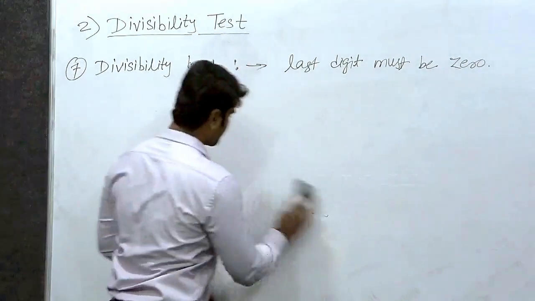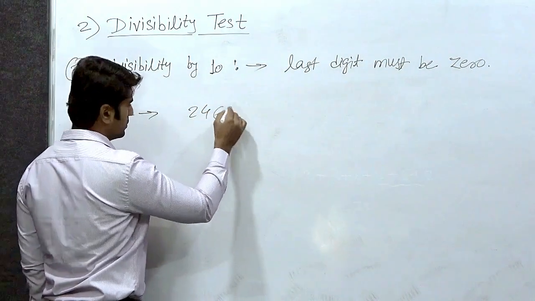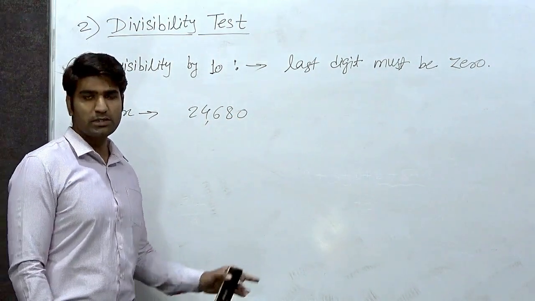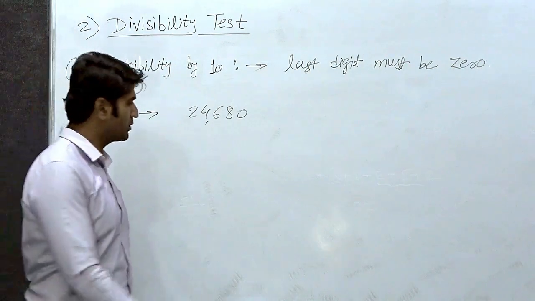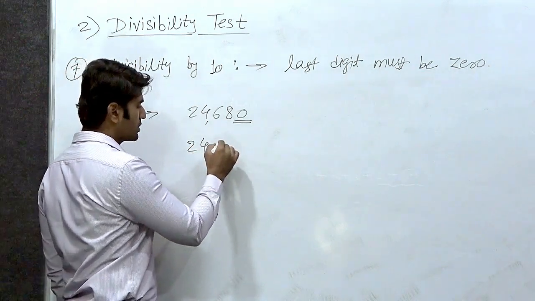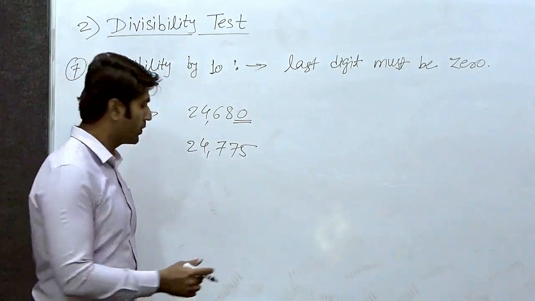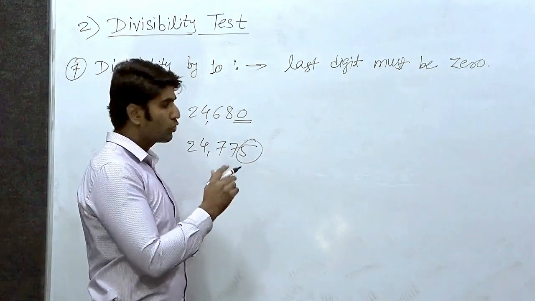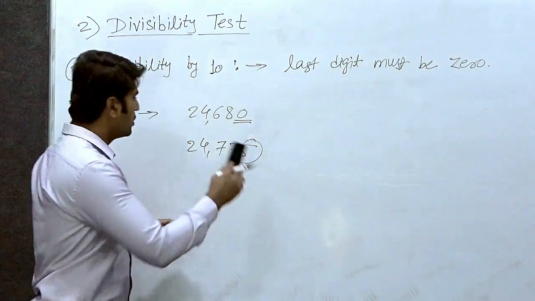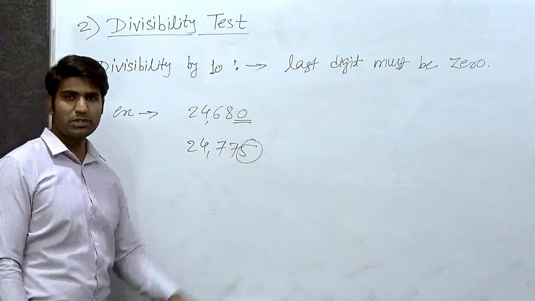For example, 24,680. Is it divisible by 10? Yes, because the last digit is 0. If the number is like 24,775, is it divisible by 10 or not? No, because the last digit is 5. We need only 0, not 5. So divisibility by 10 is very easy. The last digit must be 0.